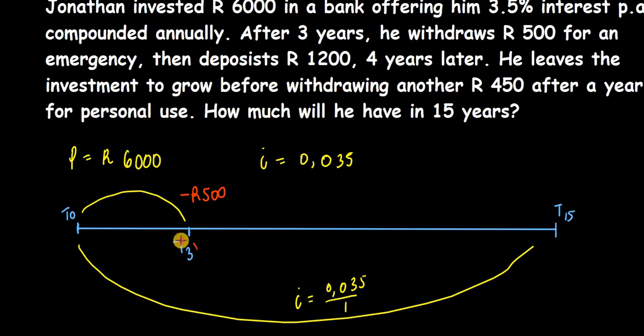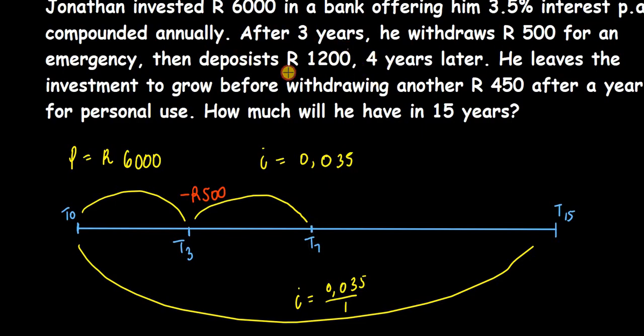So if I check from T3, this is not to T4, guys, because they said 4 years later, right? The English is quite important there. Later means that after 3 years, 4 years after 3 years. So that means that I must add 4 years. That will be T7.